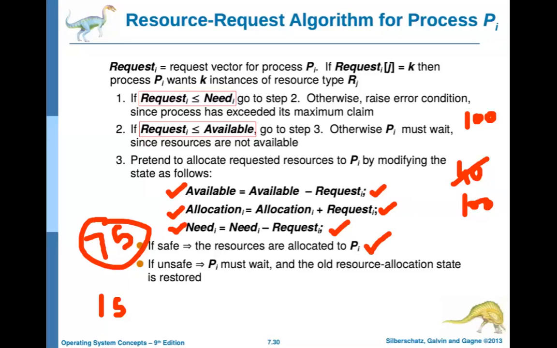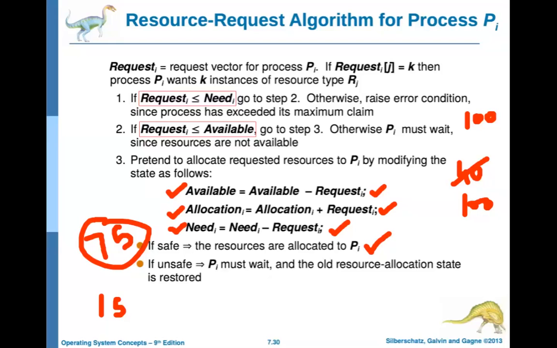If this allocation results in an unsafe state, Pi must wait and the old resource allocation state is restored. Whatever calculations we did here, Available equals Available minus Request, will simply be rolled back. That is how this resource request algorithm works. Any doubt in this? Of course, we'll see one example on this, then you'll come to know more clearly.